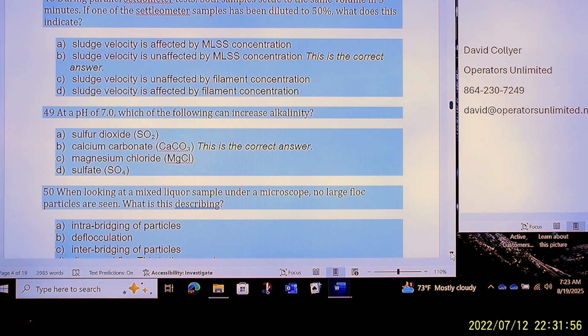B, sludge velocity is unaffected by mixed liquor suspended solids concentration. C, sludge velocity is unaffected by filament concentration. Or D, sludge velocity is affected by filament concentration. The answer to 48 is B, sludge velocity is unaffected by mixed liquor suspended solids concentration.